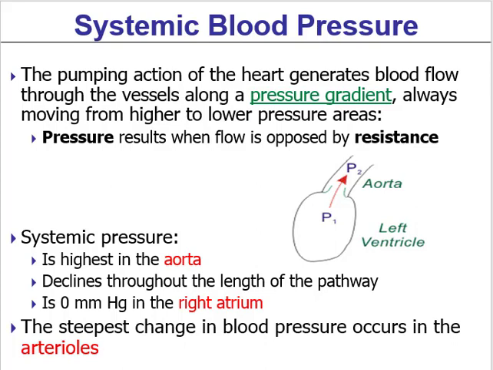Remember, there's a resistance along the way. Organs and then the smaller diameter blood vessels are all going to increase resistance as the pressure decreases and you move away from the heart. By the time blood returns to the right side of the heart by way of the superior vena cava, the pressure is going to be 0.